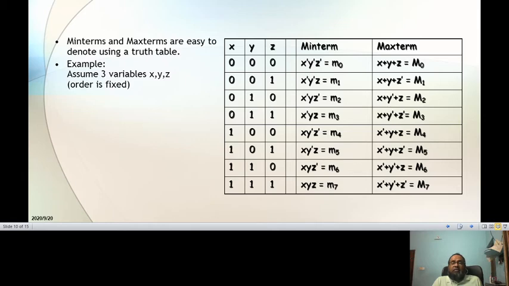But in max term it is x plus y plus z, because x stands for 0 and y stands for 0 and z stands for 0, and it is a max term, that is capital M0. Similarly for all these you can see that the last one, 1 1 1, corresponds to x y z in min term, that is small m7, and x bar plus y bar plus z bar is the capital M7, which is the max term.